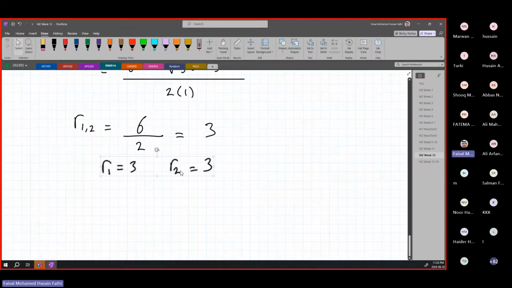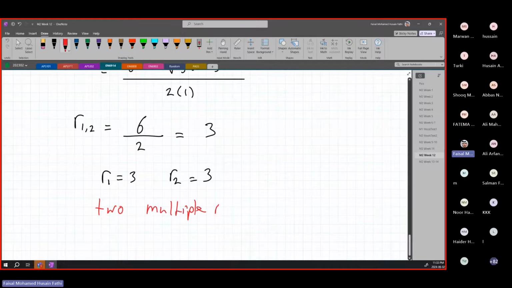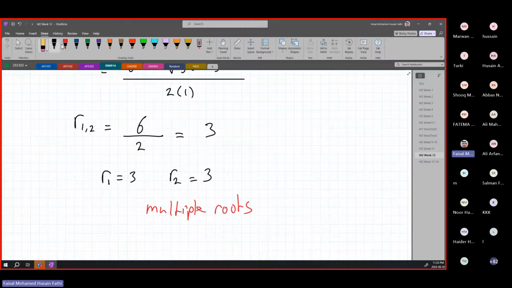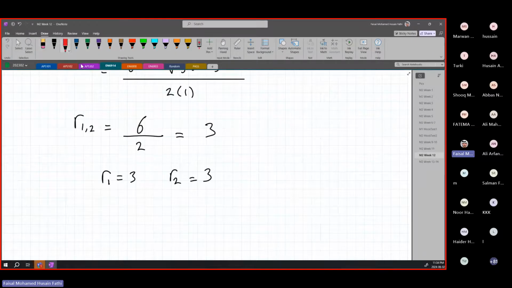This is what is meant by having multiple roots. Or in the case of a quadratic, it is one root. Multiple roots is for when you have a higher order differential equation, but here we have one root.